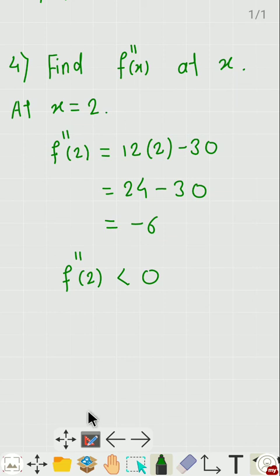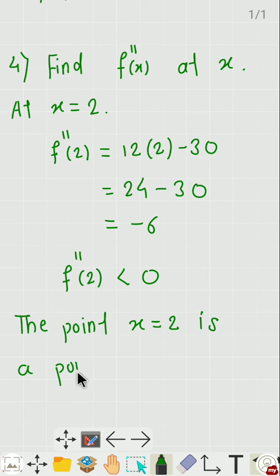So this implies that the point x is equal to 2 is a point of maximum.